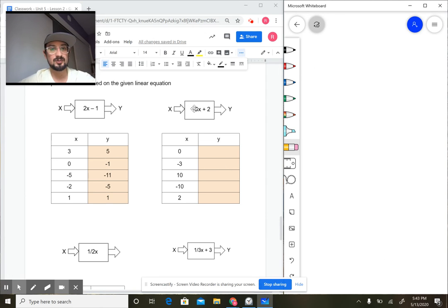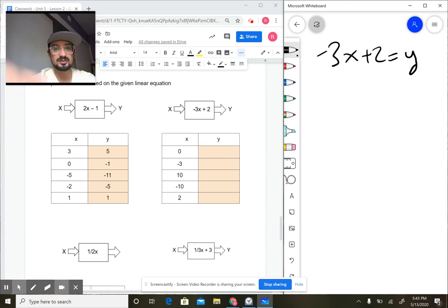So for this one, this means that in order to get the output, you're going to need to multiply by -3 and add 2 for each of these inputs. So here, -3 times 0 is 0, plus 2 would be 2.